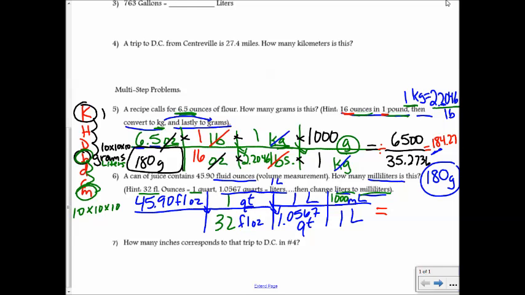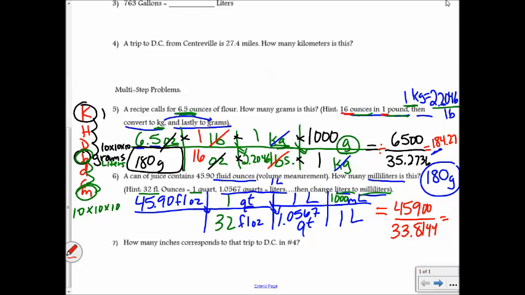And then we get a calculator answer. So multiply the top. On top, we would get 45,900. On the bottom, we're going to get 33.8144.